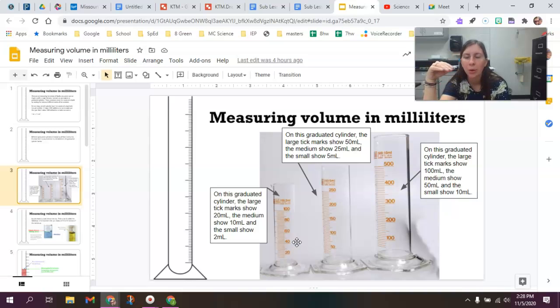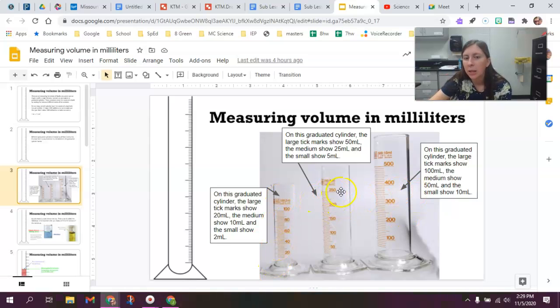Halfway between 0 and 20 is 10. And then it's got 5 tick lines between, say, 40 and 50, and we divide that into the 5 different sections. That would be 2 milliliters per line for the smallest tick mark on that one.